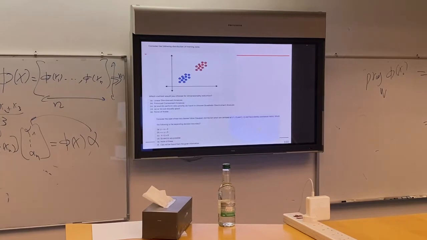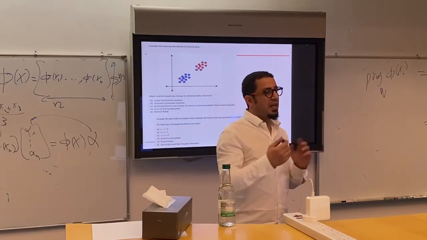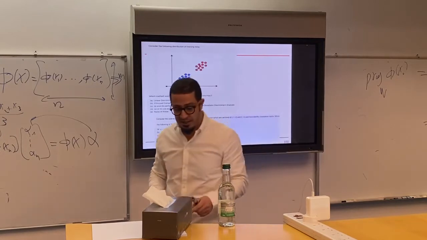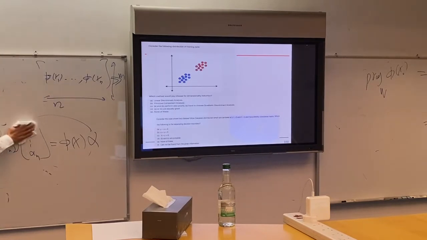I need this one, right? Anything bigger than this or less than this. So in this specific example here, if you have -1, 2 and 1, 4, which line is the decision boundary? So those are examples for the assessment.